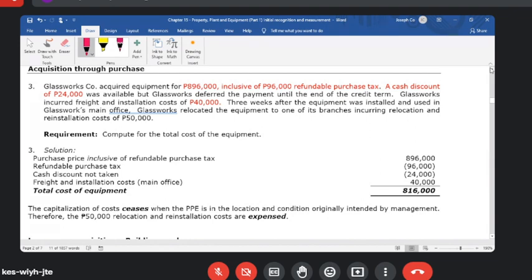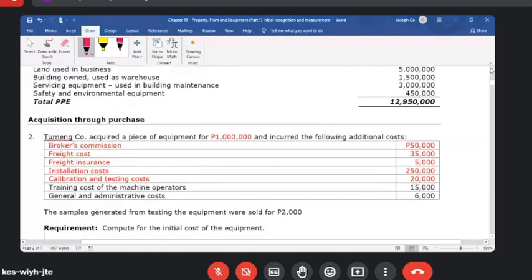Yung pagtatanggal po sa lumang equipment, hindi po siya i-capitalize kasi wala naman tayong benefit doon para sa bagong equipment. Therefore, the relocation and reinstallation costs are expenses. Magkano po yung capitalized? Answer 816,000.